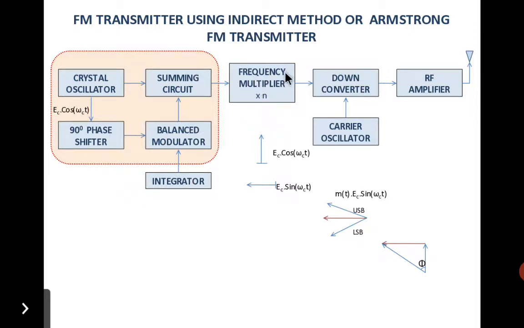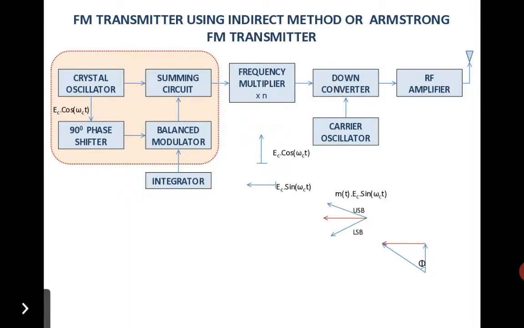Now the output of the frequency multiplier is given to a mixer. The mixer adds or subtracts the comparable frequency. So this signal from the frequency multiplier is given to a mixer because, why? Because with a frequency multiplier we cannot obtain 98.3 or 94.3 MHz FM. As I told you in one class, a frequency multiplier can be 2x or 3x, it can have only whole numbers. It cannot give 1.5x.